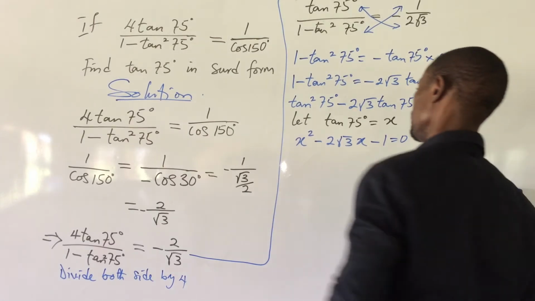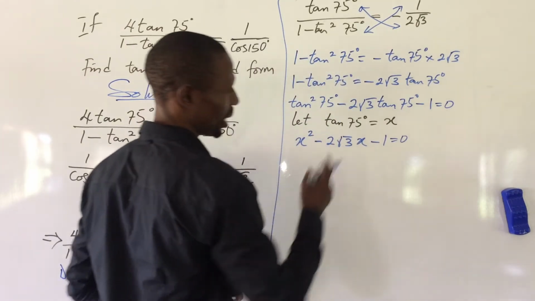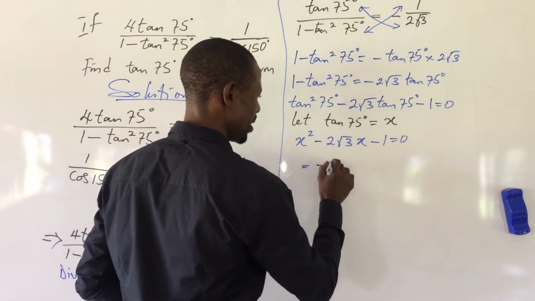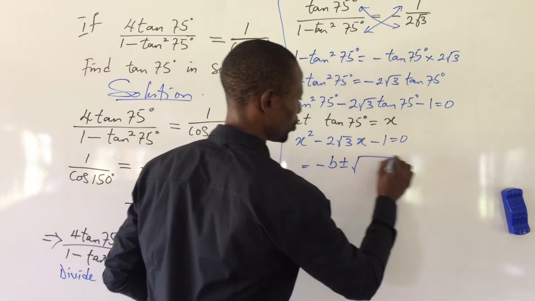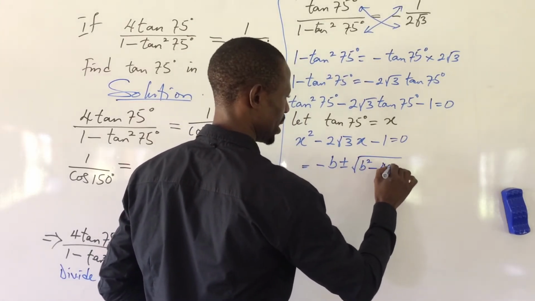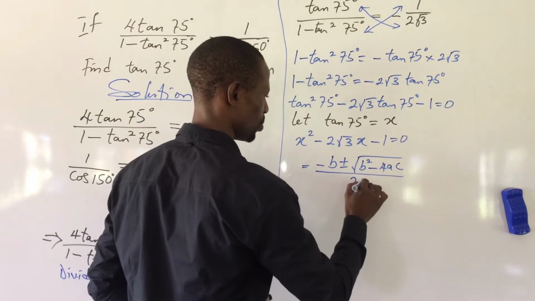Now, let's bring in our quadratic formula. Our quadratic formula says that x equals minus b plus or minus the square root of b squared minus 4ac all over 2a.